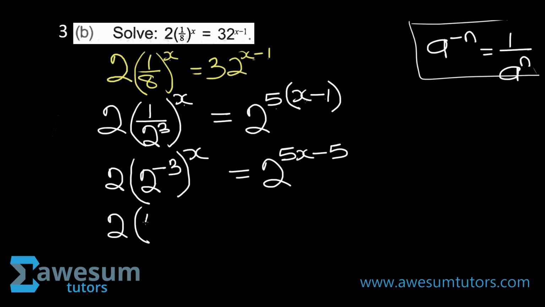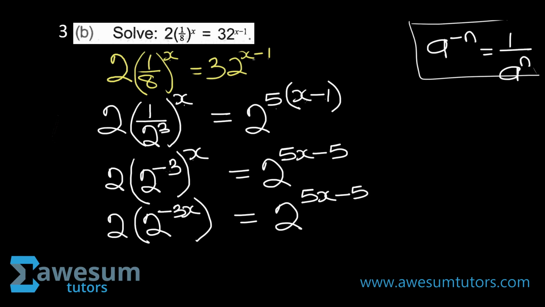So what you're going to do right here is multiply the powers. Negative 3 times x gives me negative 3x. Very good, guys. Then this one, you can rewrite it as 2 raised to the power of 5x minus 5.